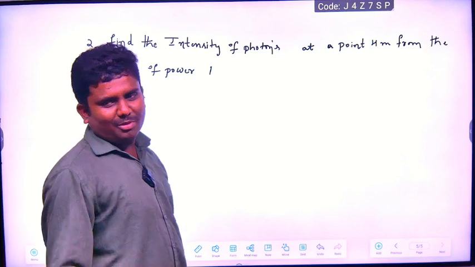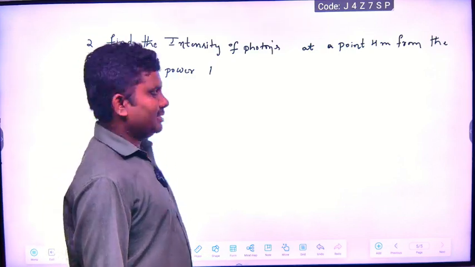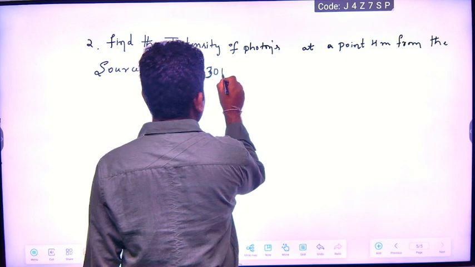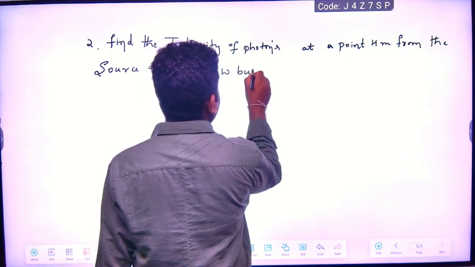What is the last problem we got? How much watt bulb did you use? 30 watt. Okay, use 30 watt only. 30 watt bulb.